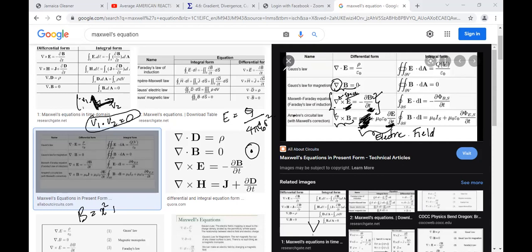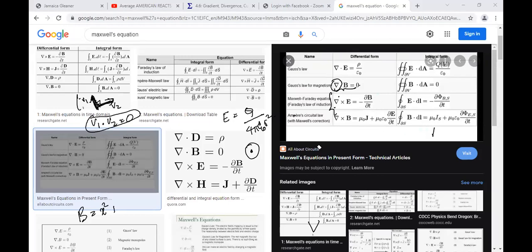But those two are just saying the same thing. It is a cross product relationship because it's X and Y and Z.